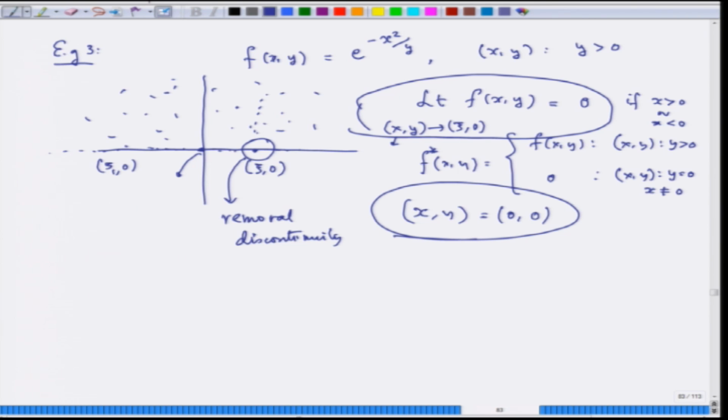Always observe what happens. Now why do I say that f star at (0, 0) is undefined and also discontinuous? Suppose I now approach the origin through this parabola.